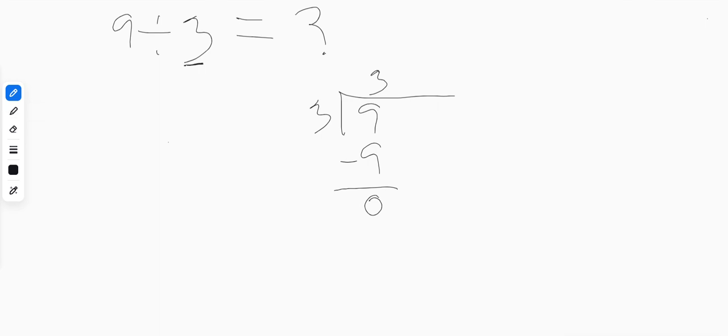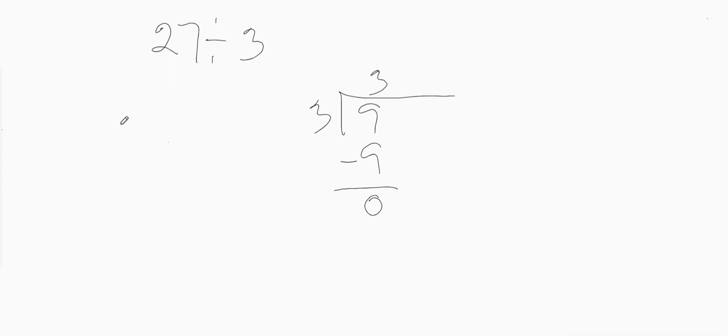Let me give you a little bit more of a complex problem. I'm going to do a 2-digit problem now with a single-digit divisor. So we're going to say 27 divided by 3.